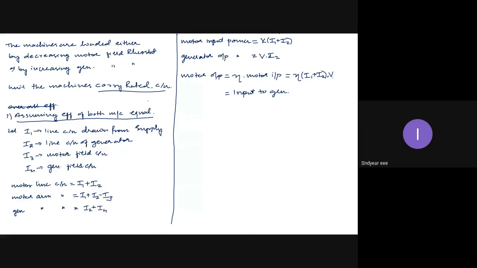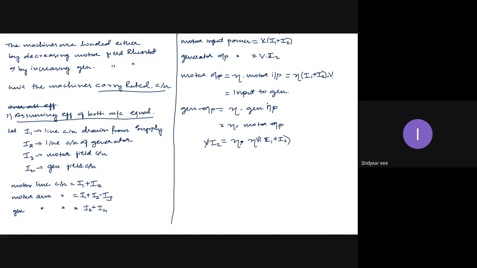What is the generator output? Generator output equals efficiency into generator input, and generator input is nothing but motor output. So it is efficiency into motor output, efficiency into V into I1 plus I2. Now the generator output is V into I2.